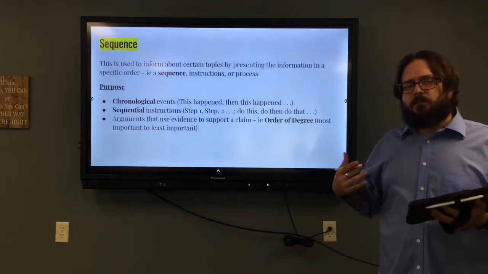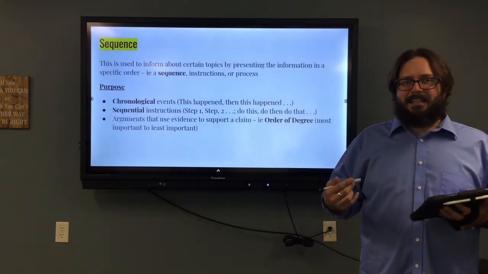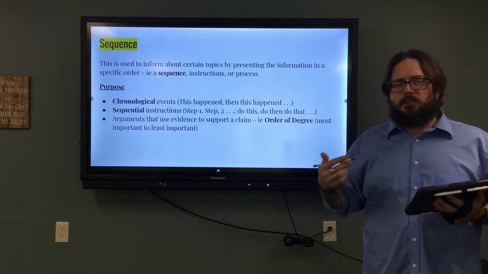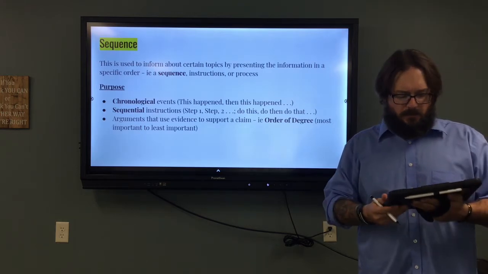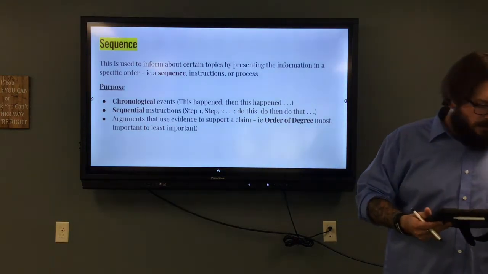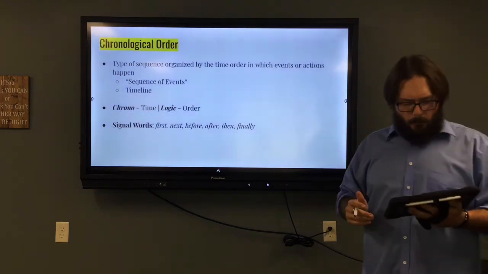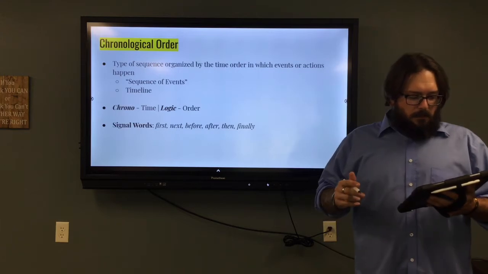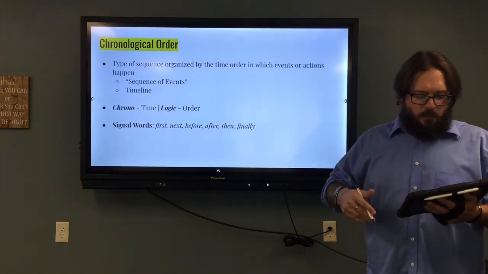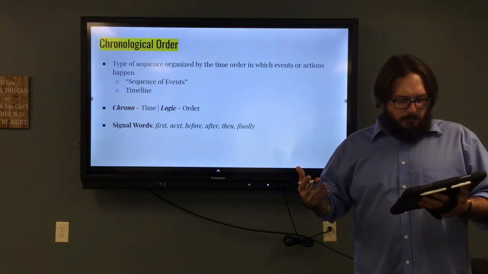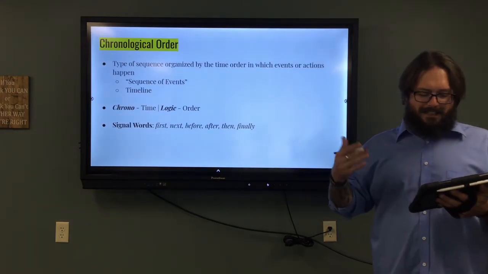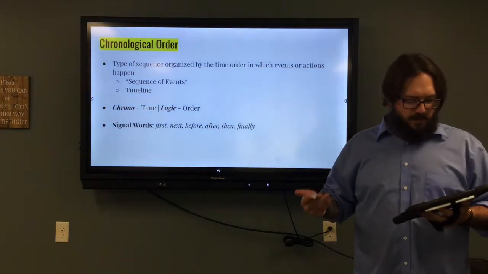So over the course of this lesson, we are going to be looking at each of these three most common types of sequencing. And we will begin with our first one, chronological order. Sequencing in chronological order means that it's organized by the time order in which the events happened.